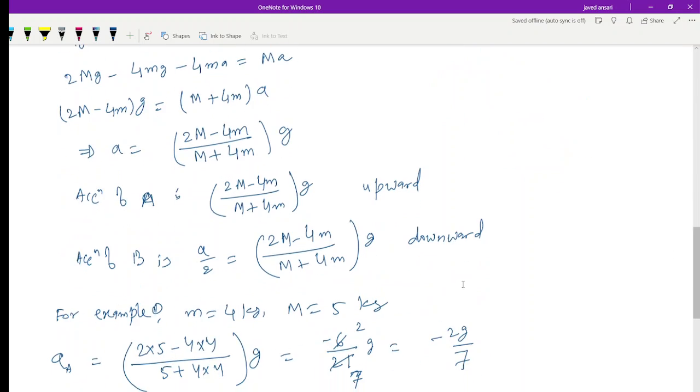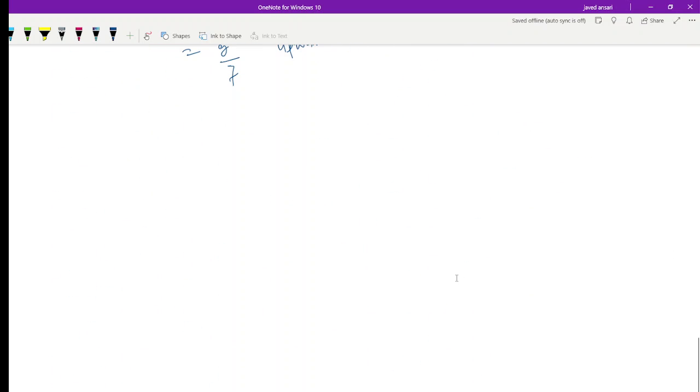Let's take m equal to 1 kg and capital M equal to 5 kg. What's going to happen now? Let's see.